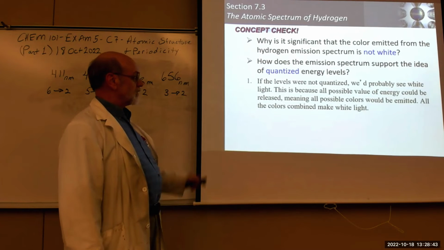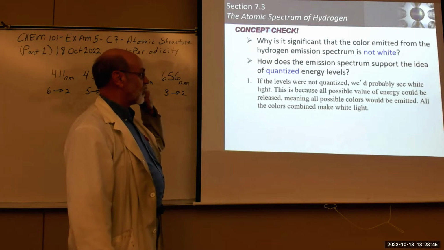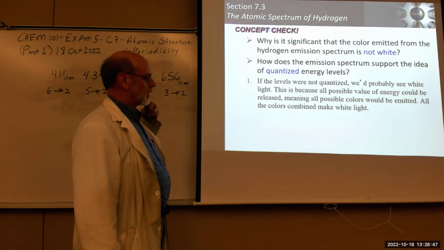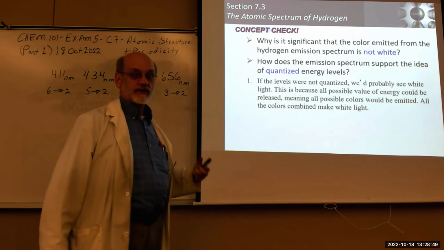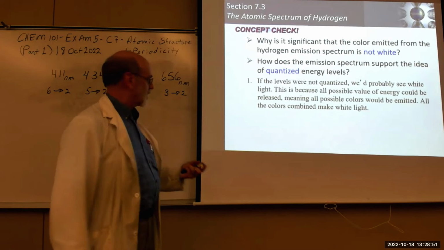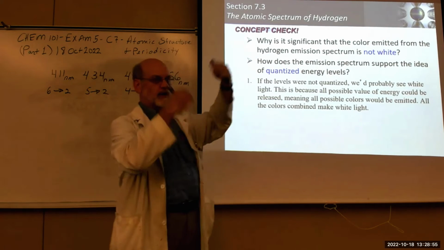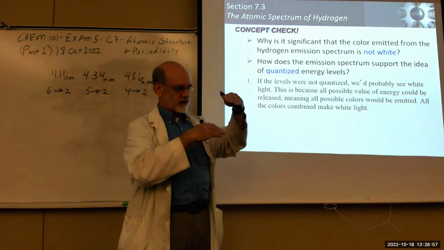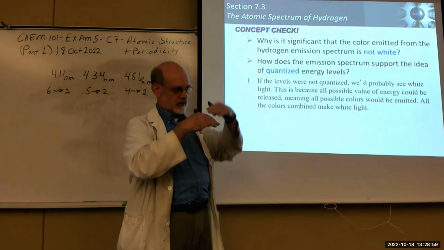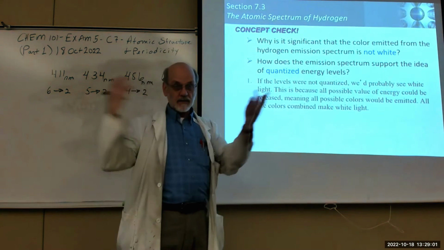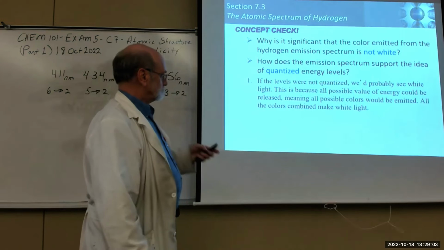Right? So here's how it supports the idea of quantized energy. If the levels were not quantized, we would see white light because the electrons could move continuously anywhere they wanted to. And when they move from here to here, you get that wavelength. Move from here to here, that wavelength. It would just be a hodgepodge. Right?